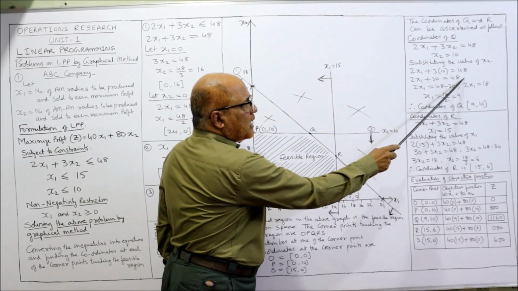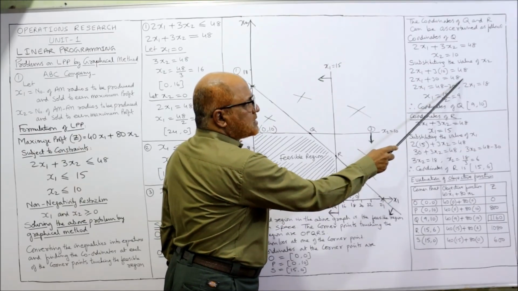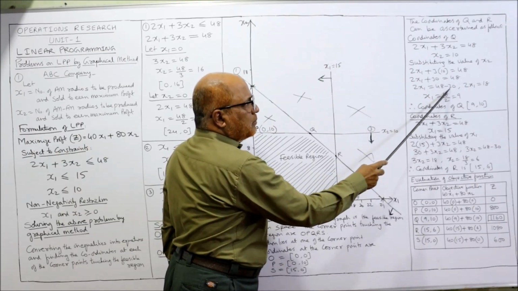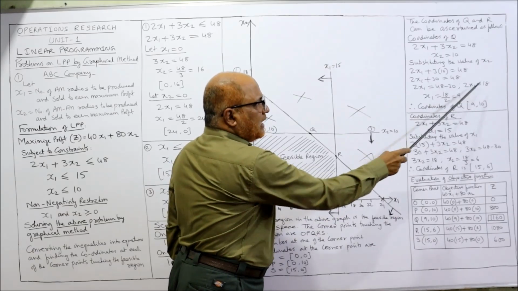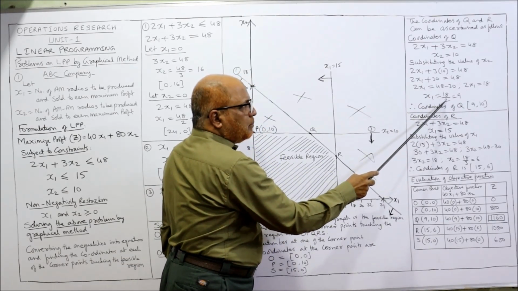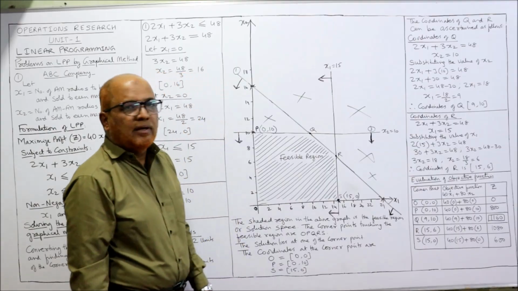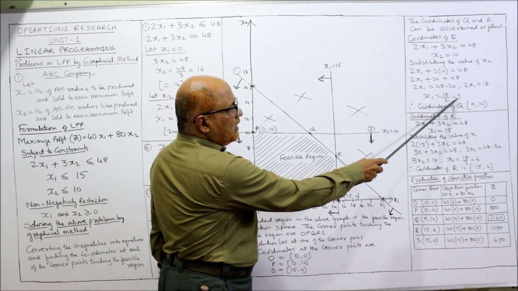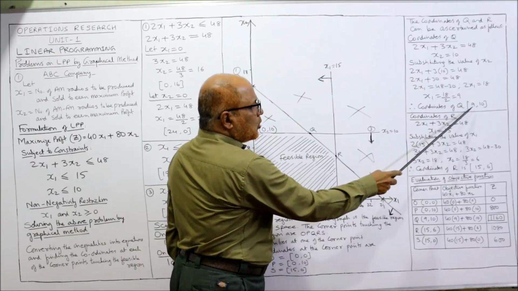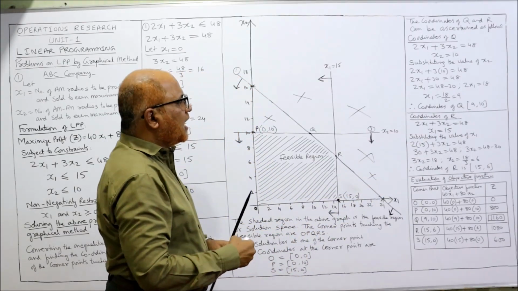Take 30 to the RHS, so plus 30 becomes minus 30. 2x1 is equal to 48 minus 30, so 2x1 is equal to 18, and x1 is equal to 18 by 2, which comes to 9. So x1 is 9, x2 is 10. So the coordinates of Q are 9, 10.